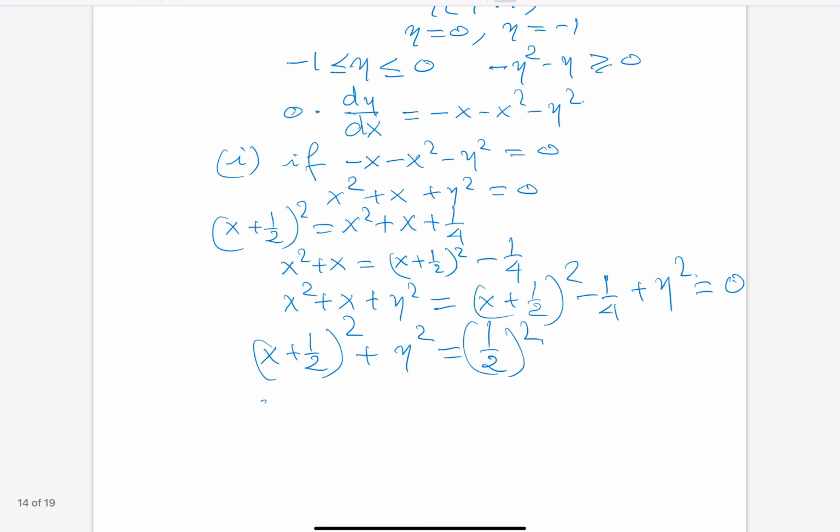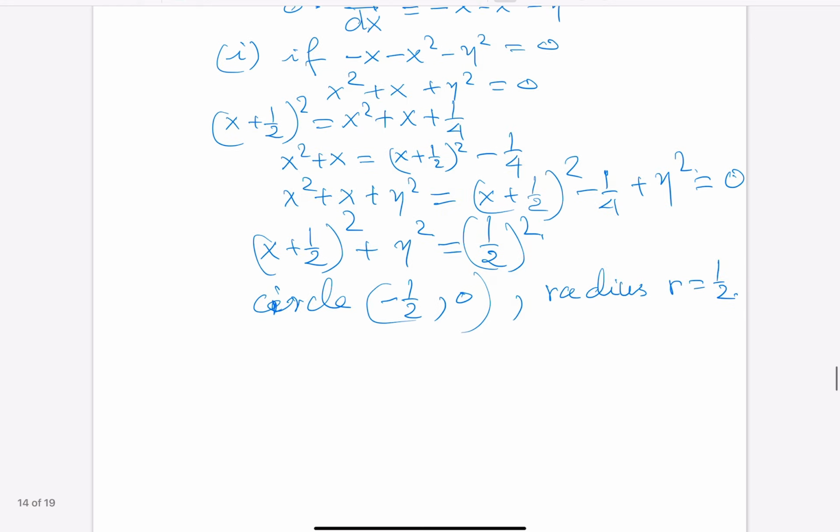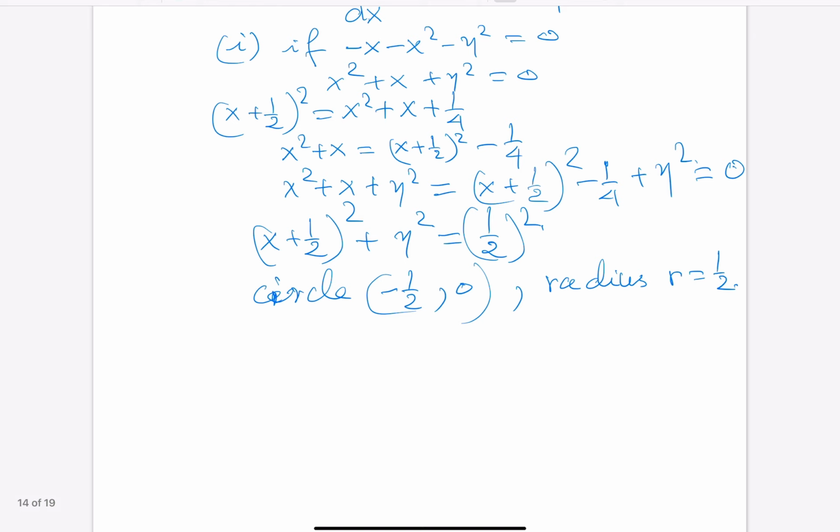This one we have a circle. We have a circle centered at (-1/2, 0) with the radius r equal to 1/2. Okay, and now we get this one.